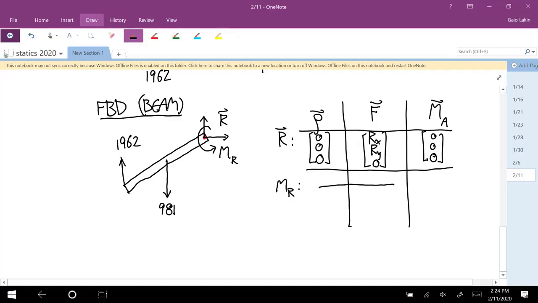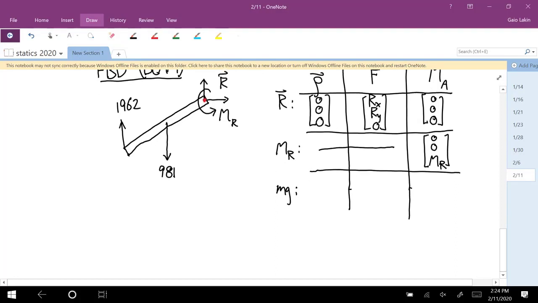That only has a Z component, so this is 0, 0, MR. And now I'll go to the weight force. So we have to figure out a vector that goes from the about point to where the weight force is applied. That's the center of the beam.